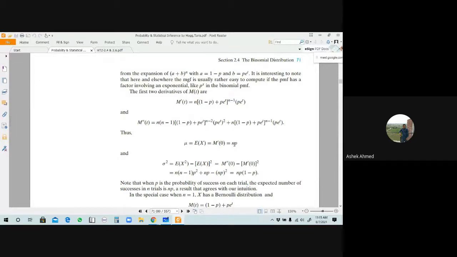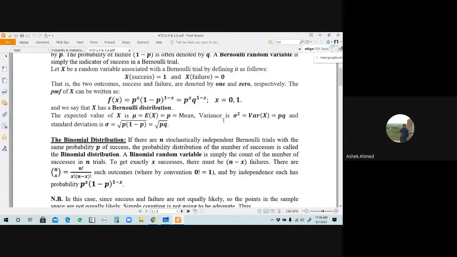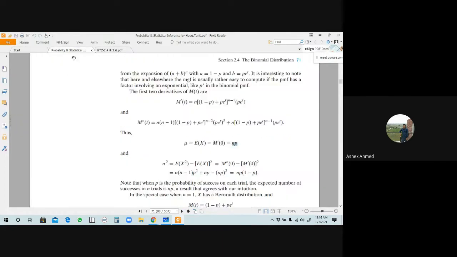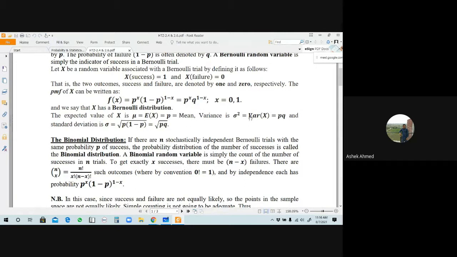Okay, n represents that because we know that in the binomial distribution we have to trial the experiment n times, so there will be n present. But in the binary trial, we experimented the trial 1 time. 1 time means the value of n is 1. If you put n equal to 1 in the mean of the binomial distribution, you will get the mean of the binary trial, and if you put n equal to 1 in the variance of the binomial distribution, then you will get the variance of the binary trial here. Okay, this is our result, the difference here.